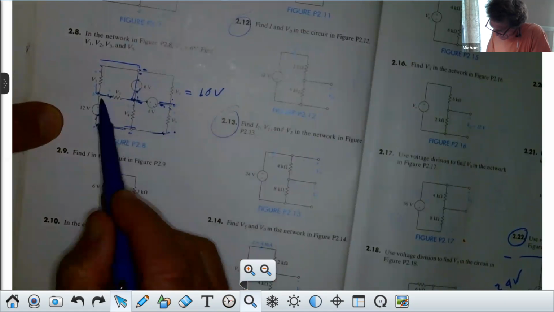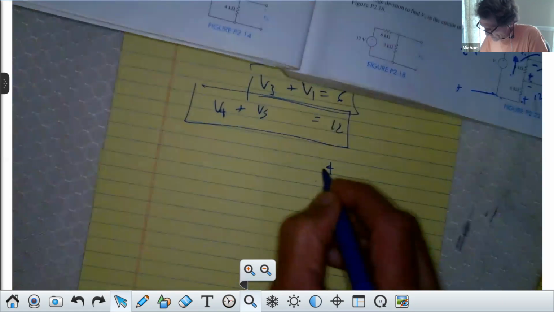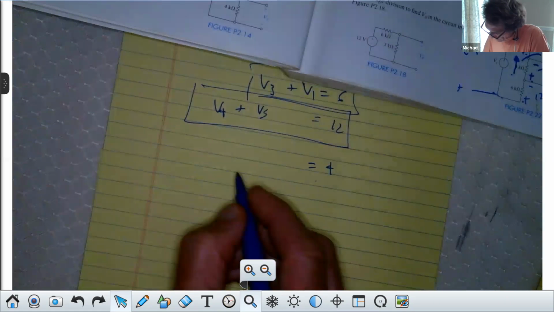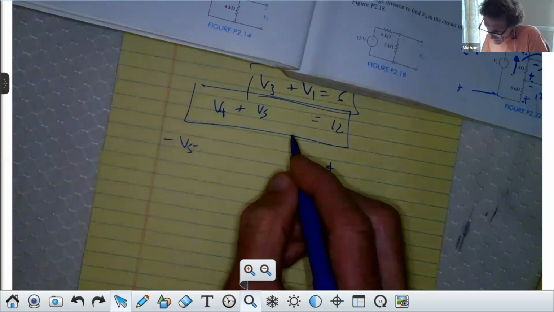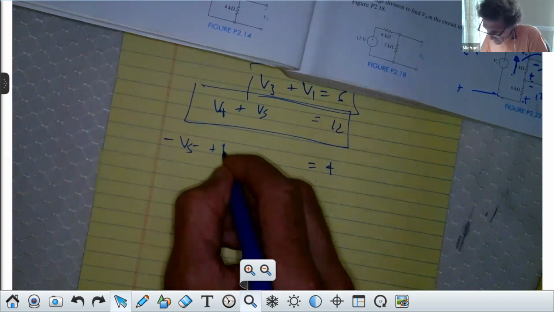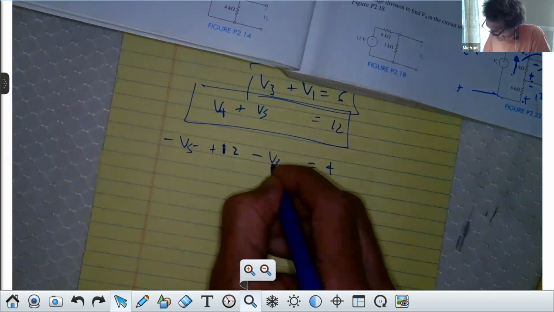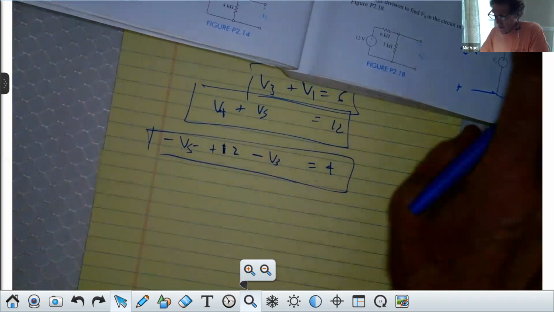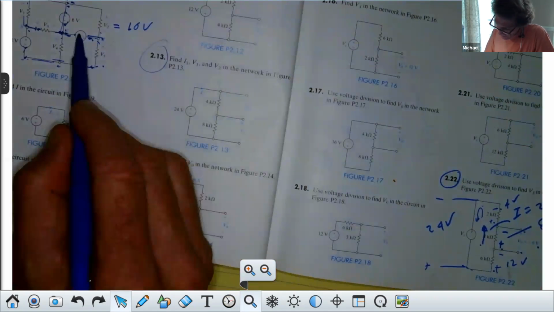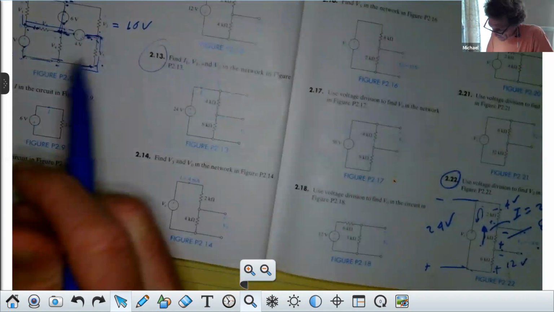Then it can be plus 12 minus V3 equals 4. And here is the way I went. I went from here to here. Agreed?